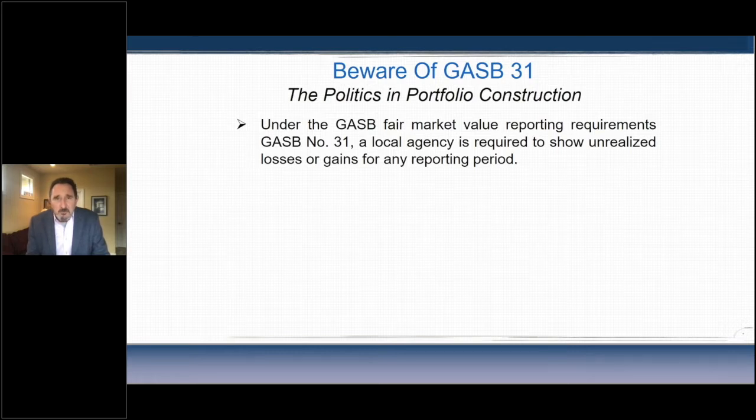The regulation I was referencing just a second ago was GASB 31, what I call the politics involved in constructing a portfolio. For those of you who are new and may not be familiar with GASB 31, it's a fair market value requirement that forces local agency governments to show unrealized losses or gains for any reporting period as if they were realized.